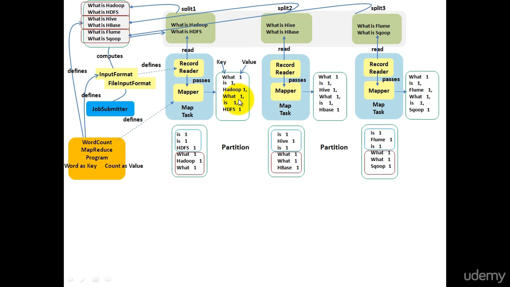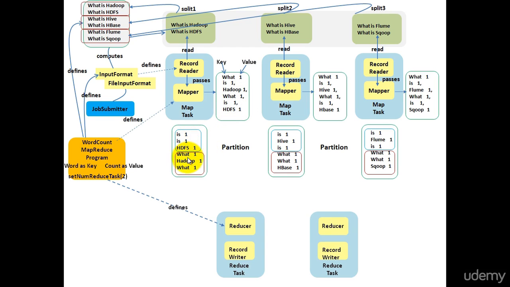Now the map output has to be partitioned. Let us see how it is partitioned. Number of reducers configured in our MapReduce program is taken into account to create partitions. First, the map output key is hashed using a hash function. This will return a constant value. Then the modulo of number of reducers is computed on this constant value.